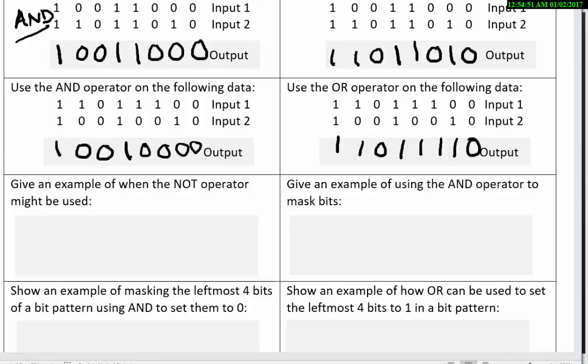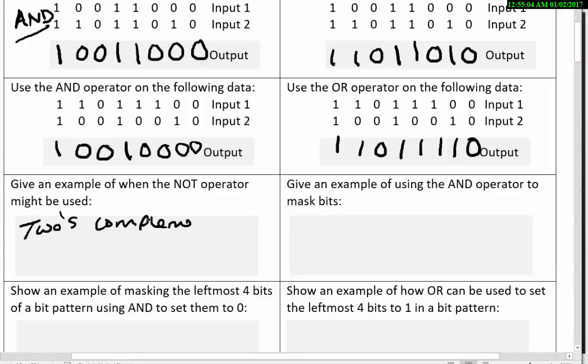Okay, so give an example of when the NOT operator might be used? Well, this would be in 2's complement, which will be shown shortly, for negative numbers.